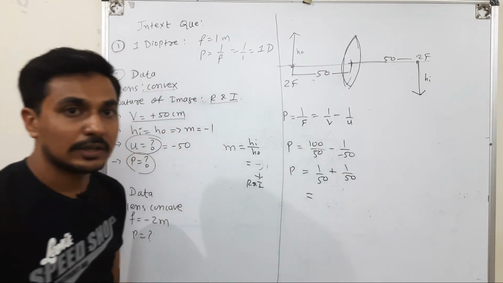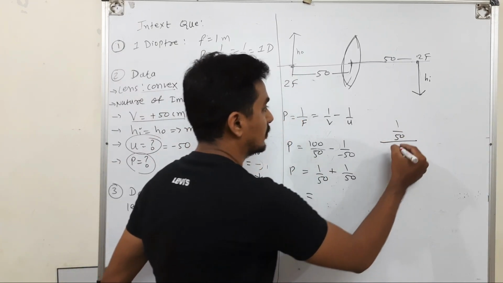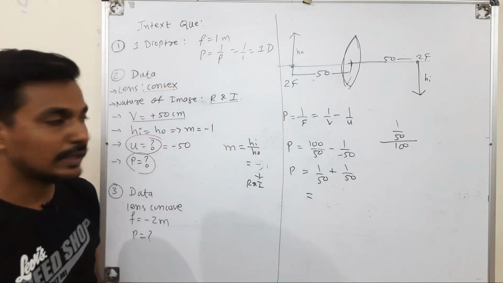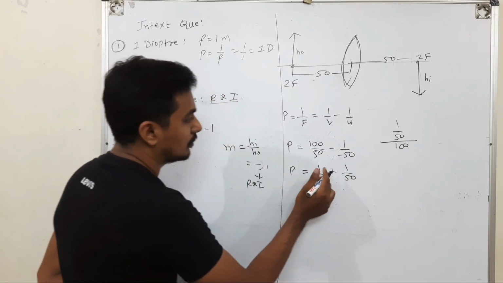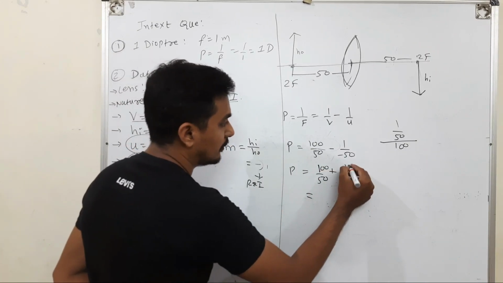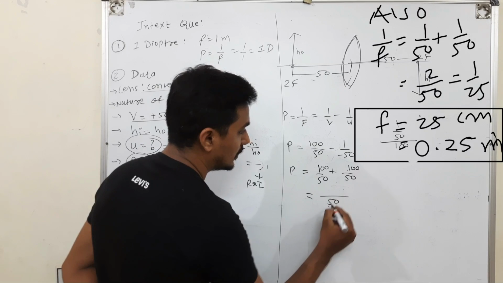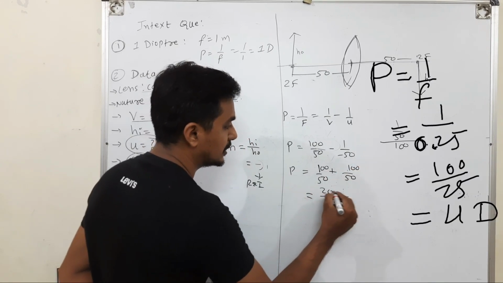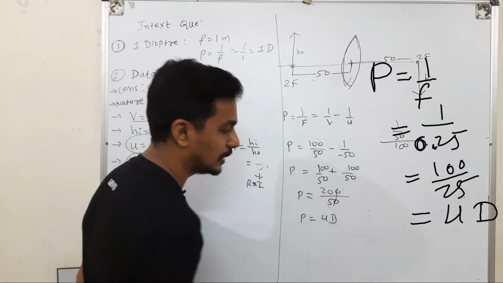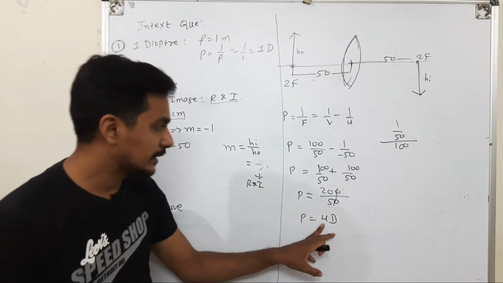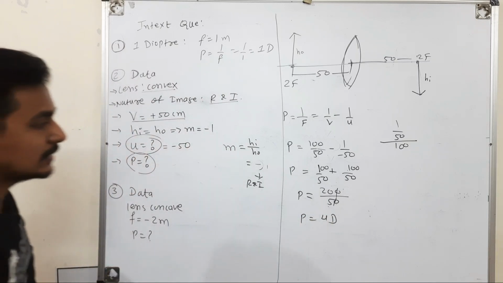To convert, we divide by 100, so the 100 will go up. So we have 100 by 50 plus 100 by 50, so it is 200 by 50. So power is equal to 4D. So the power of this lens is plus 4D because it is a convex lens.